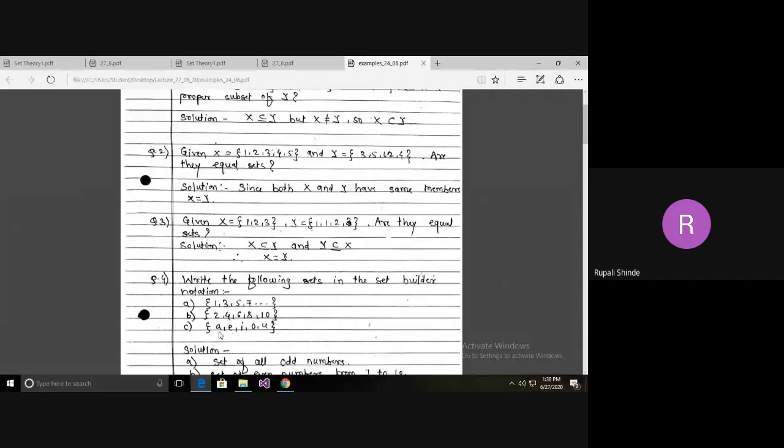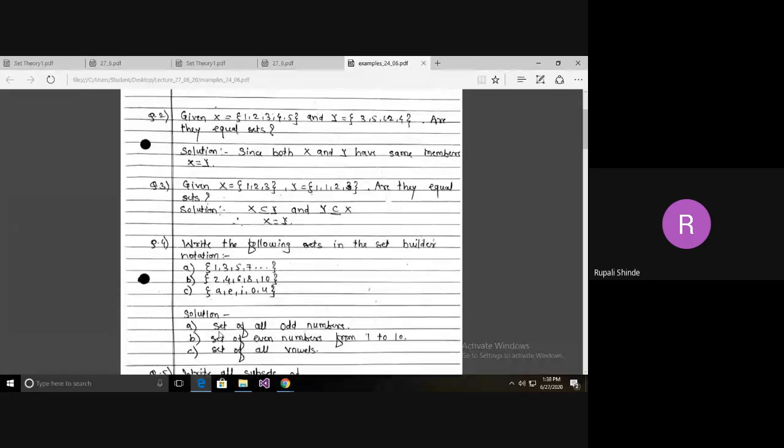And the last one: what are these letters called? A, E, I, O, U. Set of vowels. Yes, correct, set of vowels.